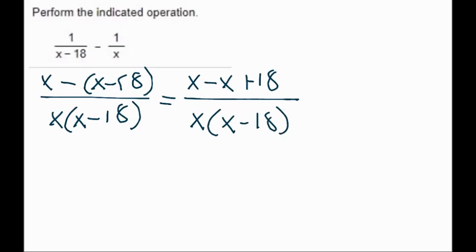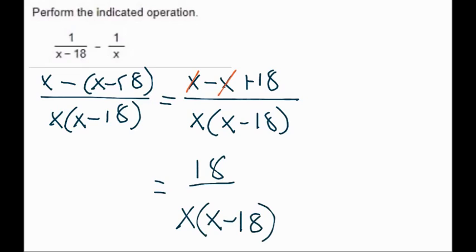These x's here are going to cancel out. So what we're left with here is 18 over x times x minus 18. And that's in its lowest terms.